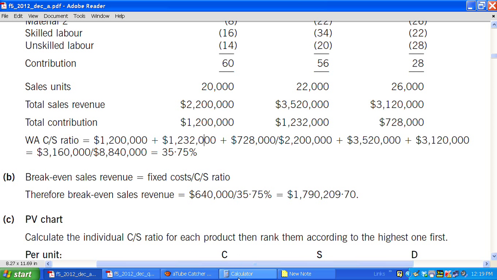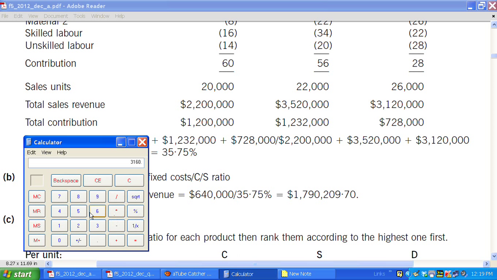Let's quickly use a calculator. So we have 640,000, and we are dividing it by 35%. That means we are dividing it by 0.3575.